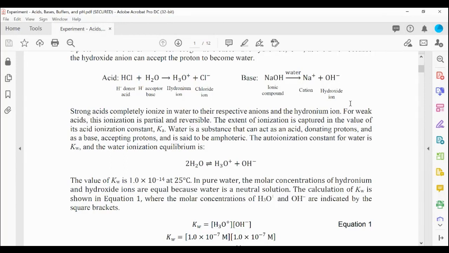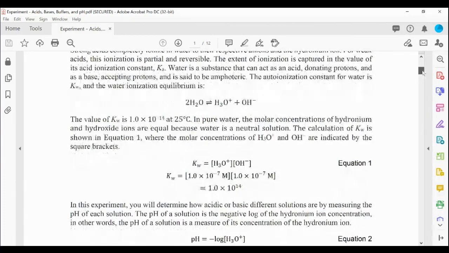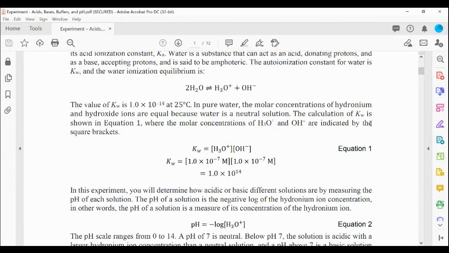Once we place it in water, we won't find the entire compound together. It will divide into the hydroxide and sodium completely. That's why the arrow is pointing in just one direction. So this is when we say that a strong acid dissociates completely in water.